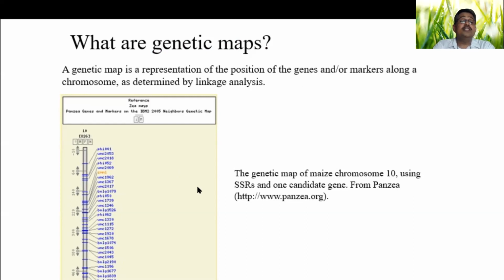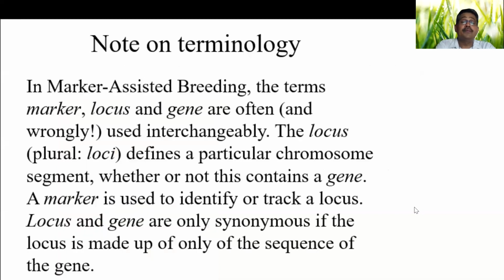For example, here is the rice chromosome 10 using SSR markers. This is again the 10th chromosome, in this case a maize linkage map. We can see the location of all the markers, the UMC markers in the case of maize, on the 10 linkage groups of maize. So you can look at how the markers are arranged in the map.